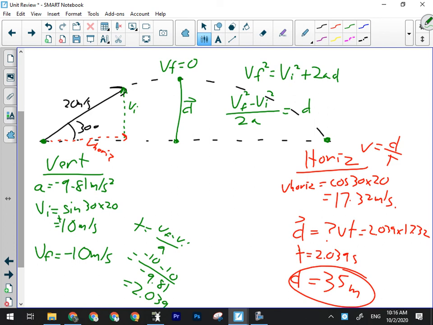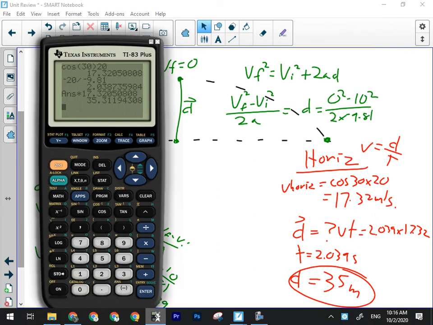When they use this formula, they forget to square. So we've got 0 squared minus 10 squared over 2 times negative 9.81. In other words, 100 divided by 19.62. So this thing is going to reach a maximum height of 5.1 meters.